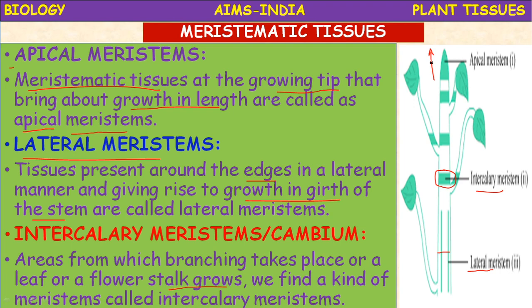Next, the areas from which branching takes place or a leaf or a flower or a stalk grows, we find a kind of meristematic tissue called intercalary meristematic tissue. It is also called cambium. Which meristematic tissue is also called cambium? Intercalary meristematic tissue is also called cambium. Okay, children.